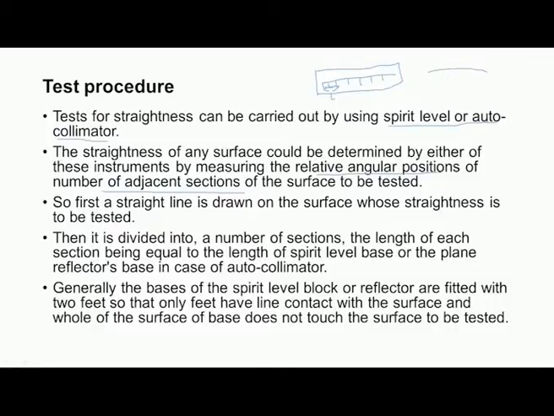This is the spirit level, and this is the glass tube with the bubble, and 2 feet will be provided on the auto collimator reflector surface or the spirit level. So, this center distance is equal to L. So, by knowing this L, we can divide this line into an equal number of parts, keeping the distance between two lines equal to L.